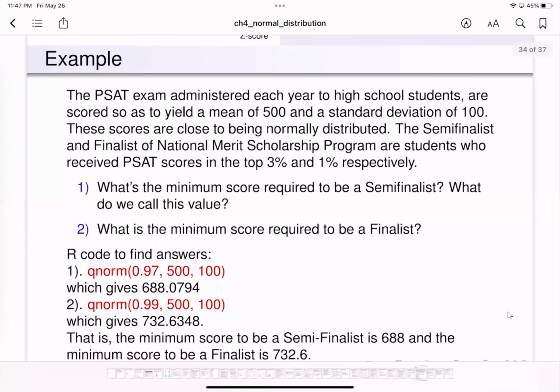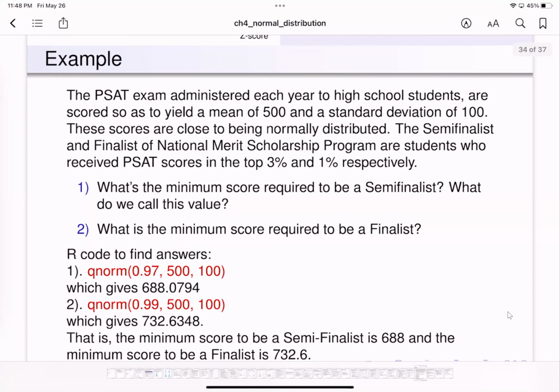In this example, for the PSAT exam for high school students, the scores are centered at 500 with a standard deviation of 100. These scores are close to being normally distributed. Semi-finalists and finalists of the National Merit Scholarship Program are the students who have PSAT scores in the top 3% and 1% respectively.